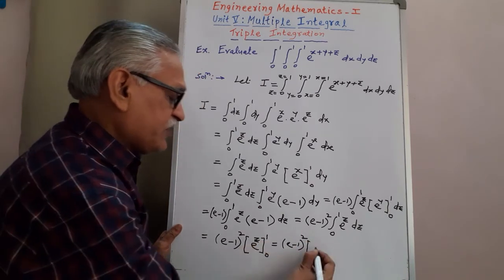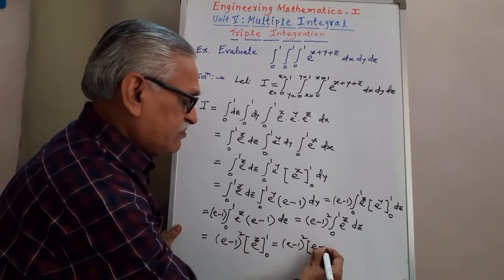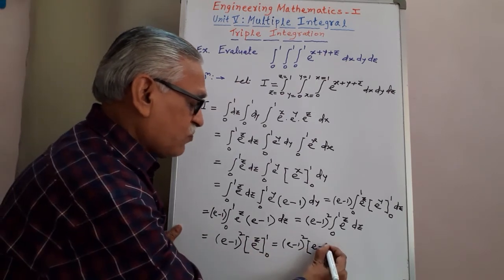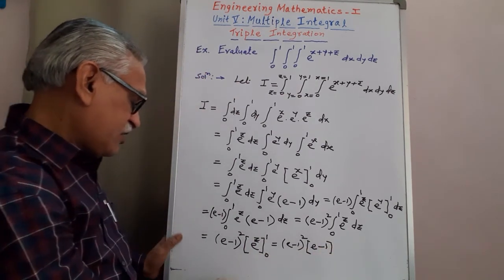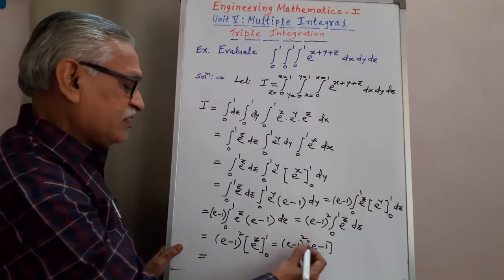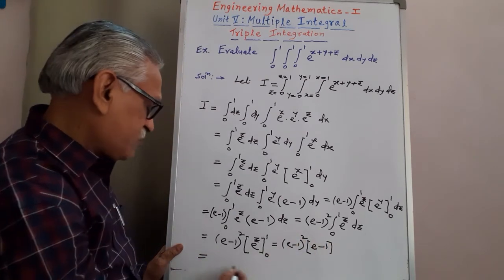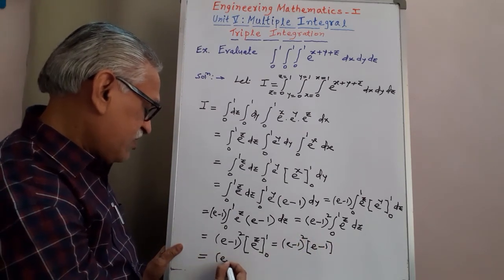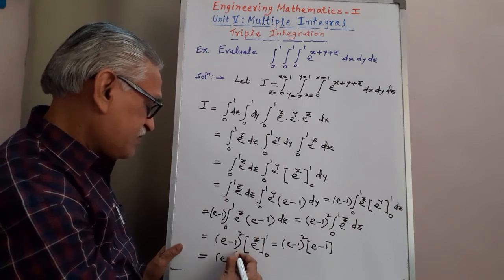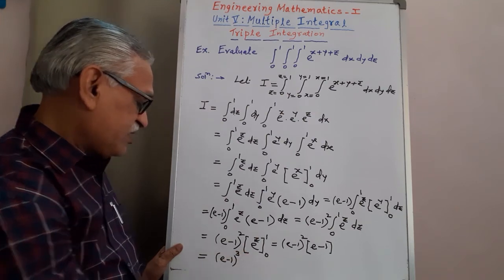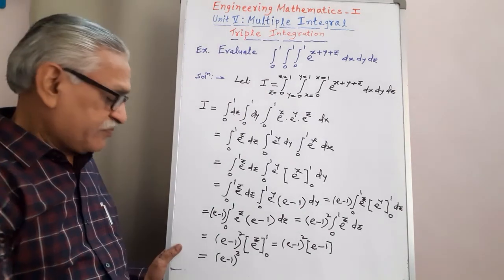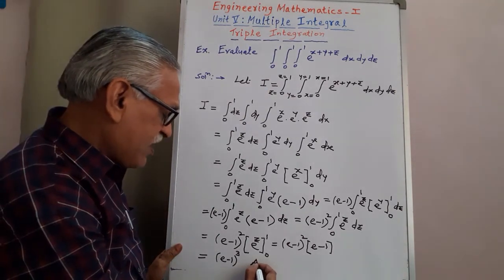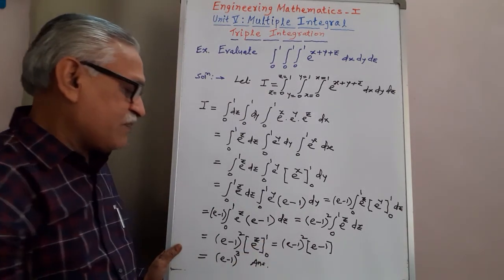Upper limit as 1, therefore it is e raised to 1, e, minus e raised to 0, 1, and therefore the final answer is e minus 1 square and this e minus 1 becomes e minus 1 bracket raised to 3, or e minus 1 raised to 3, as the required value of that triple integration.